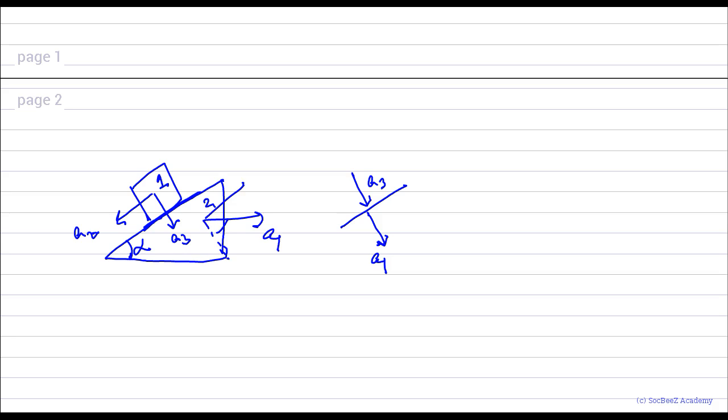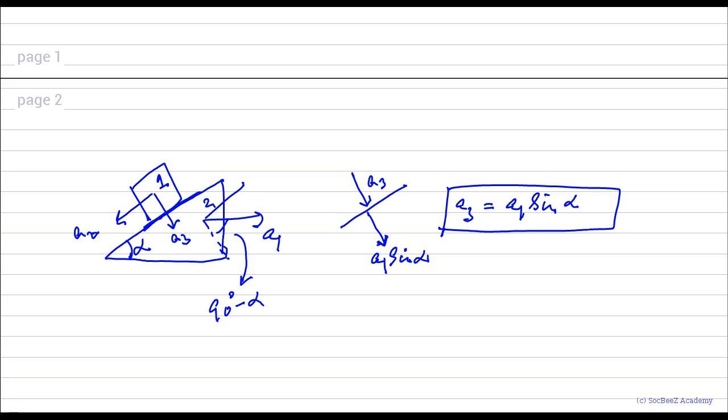So this component is nothing else but a1 into sine of alpha, that is a1 into cos of 90 degree minus alpha. So according to the wedge constraint, a3 must be equal to a1 into sine of alpha. So this is my simple wedge constraint.